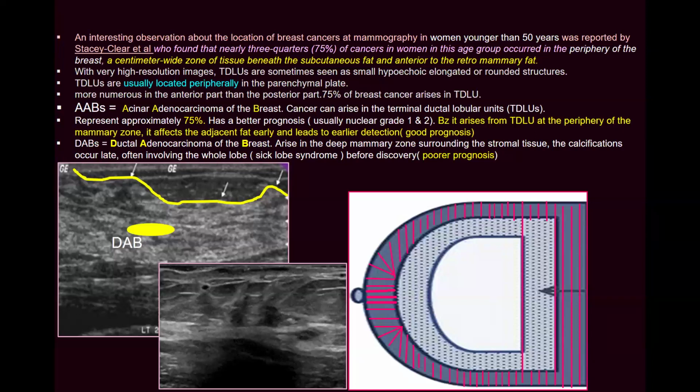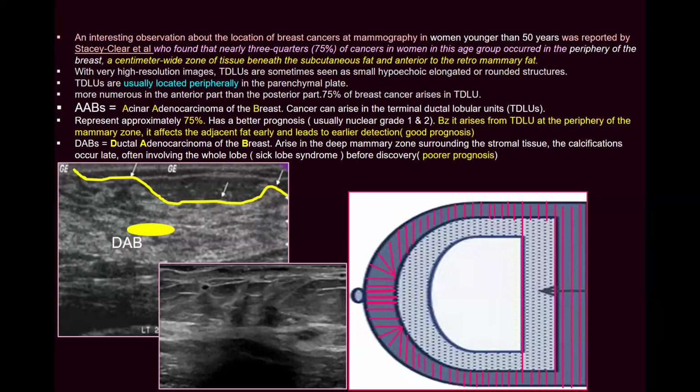But in premenopausal, the majority of TDLUs are at the periphery of the mammary zone. So at this zone, they mentioned that the breast cancer incidence is the highest. But previously, when I found that sentence, I didn't find the explanation why it is common within this zone.